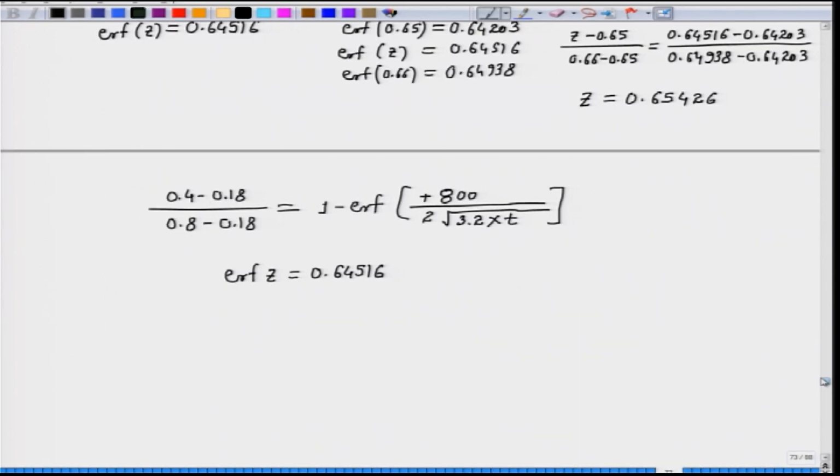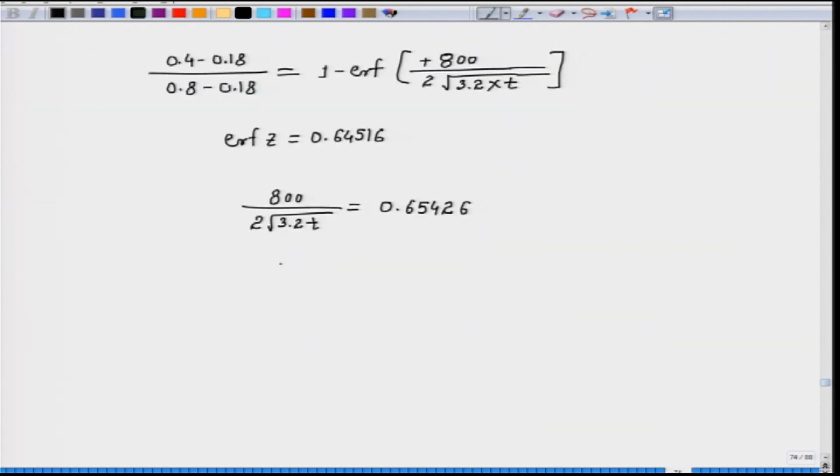So, if I substitute for z, which is 800 divided by 2 root 3.2 t, equal to 0.65426, this will give me the value of t, which comes out to be 11,685 seconds, divided by 3600.